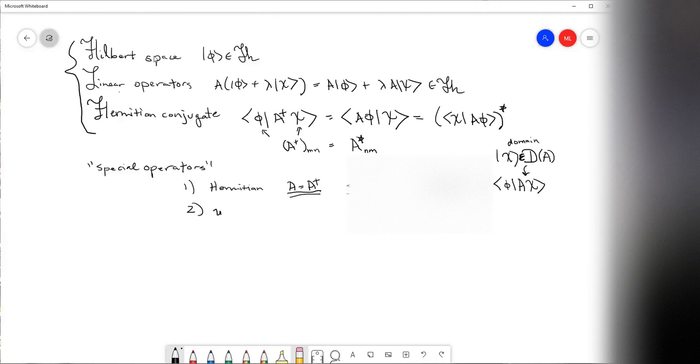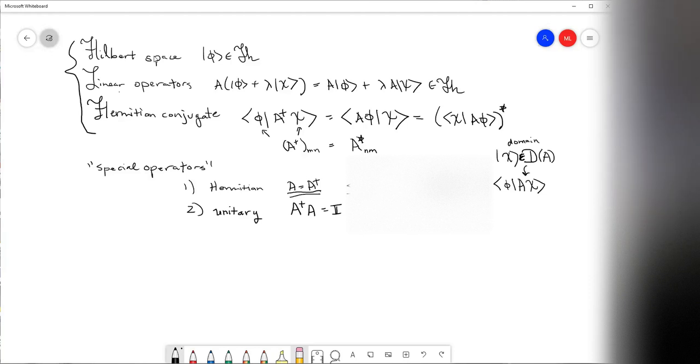Okay, and the other one is a unitary matrix, and that's one in which the A dagger is the inverse of A. That when you multiply A dagger by A, you just get the identity.